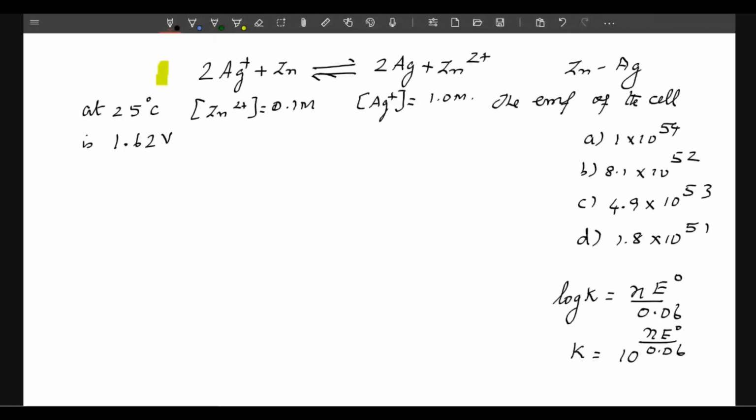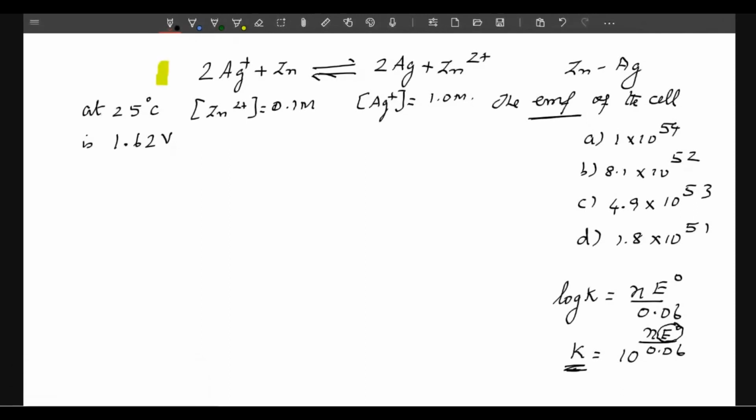Here the equilibrium constant is defined only under standard condition. Therefore, for calculating K, you should make use of the E naught, that is, the cell voltage at standard condition. But here the EMF given, whether it is in the standard condition or a non-standard condition, for that we have to look at the concentration terms.